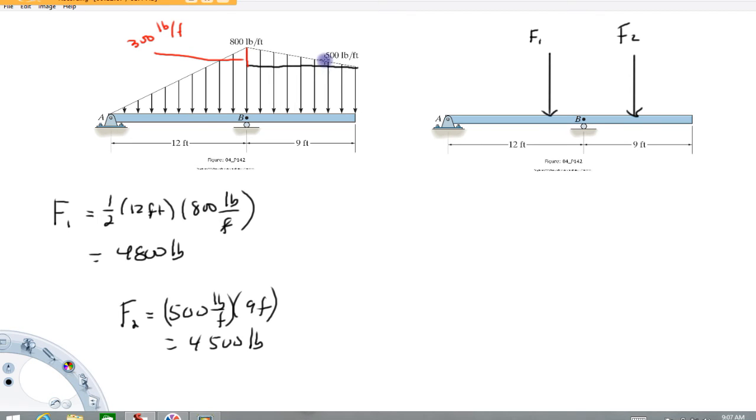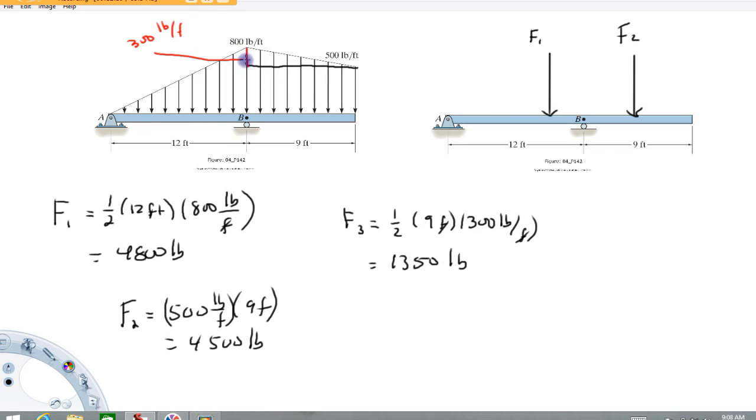So the area of this triangle is going to create a force that I'm going to call F3, which is going to have a magnitude of 1/2 times 9 feet times 300 pounds per foot. All right, which comes out to be 1,350 pounds. And again, the feet cancel, leaves us with pounds.